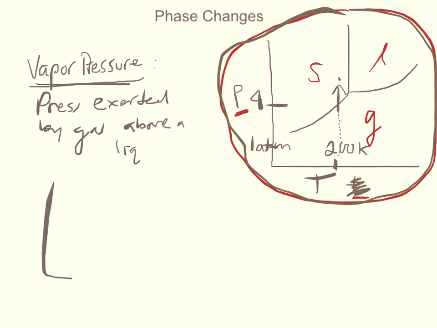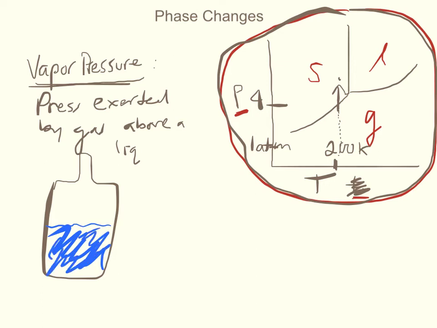So if you have a sealed bottle here with a solution inside, some of these molecules are going to evaporate, turn into a gas, and some are going to be condensing at the same time. Since some of these molecules are in the gaseous phase, they'll be exerting a pressure on the surface. That pressure that they exert is the vapor pressure.